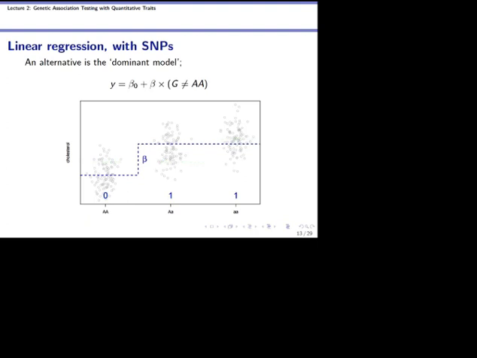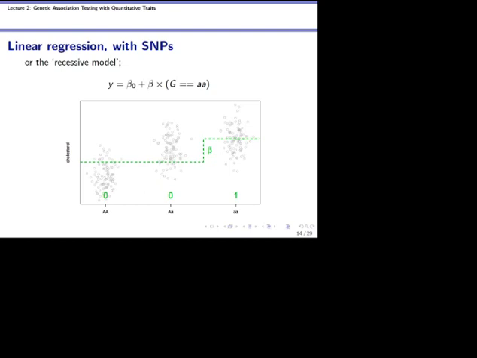Here G is not equal to big A, so there are 2 possibilities, 2 means. If you have 2 copies of the big A allele, then your mean is beta naught. If you have 1 or more copies of the little a allele, then your mean is beta naught plus beta. Think of the recessive model as the opposite of a dominant model. If you have 2 copies of the little a allele, then your mean is beta naught plus beta. All other genotypes, the mean is beta naught.